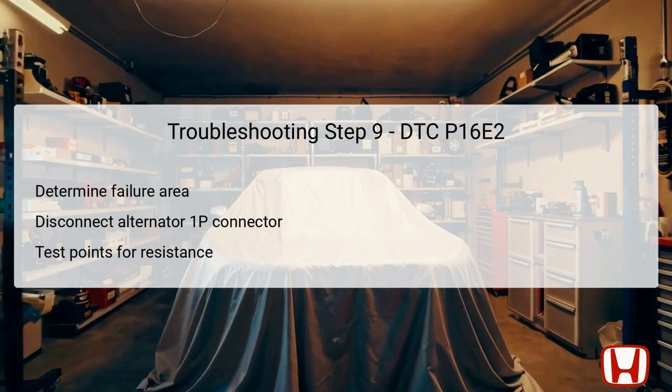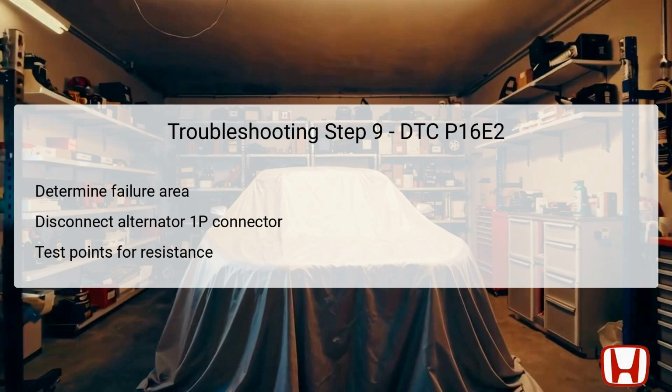After identifying previous connections and ensuring they are intact, turn off the vehicle and disconnect the alternator 1P connector once again. Measure resistance from the female terminal number 1 of the alternator connector to the body ground. Ensure this is done while the vehicle remains in the off, lock mode.